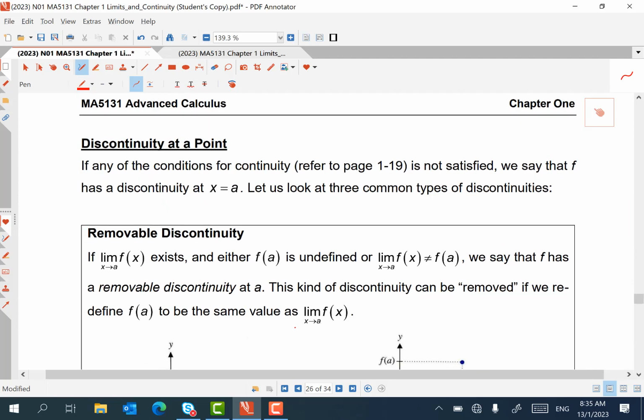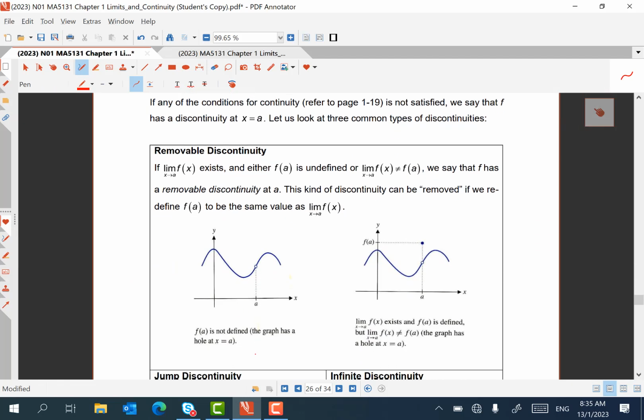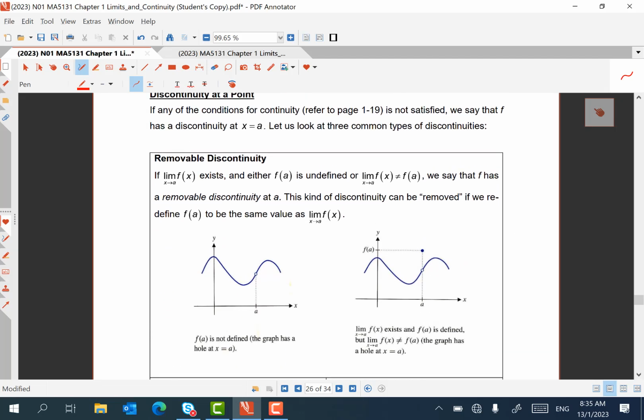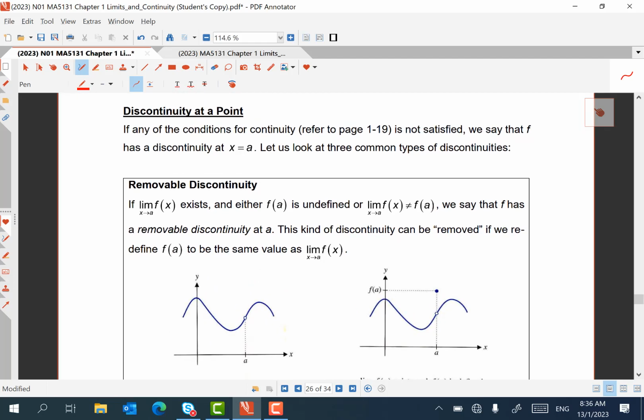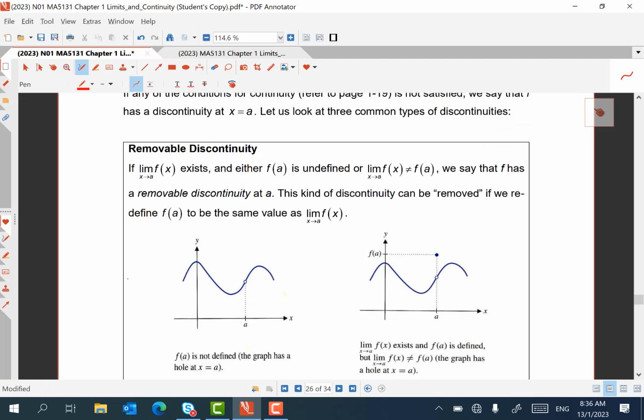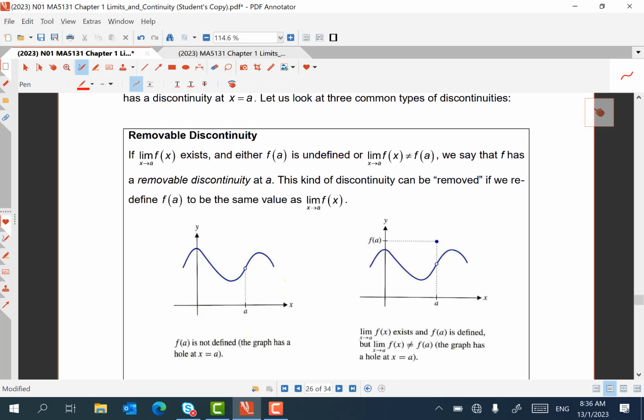Now let's talk about discontinuity. In the case of discontinuity, we categorize discontinuities. The first category of discontinuity is described as removable. To understand what we mean by removable, you have a diagram that shows a discontinuous function.